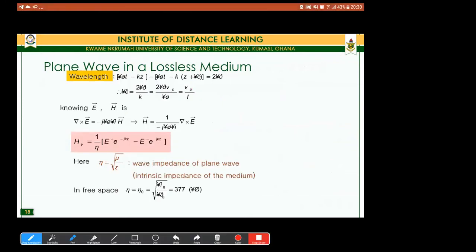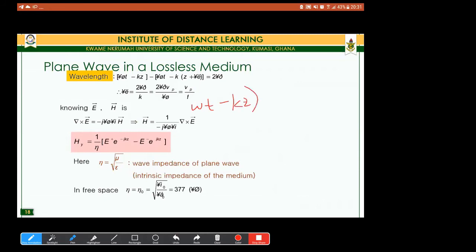So we are also familiar with something called wavelength. The phase was omega t minus kz.